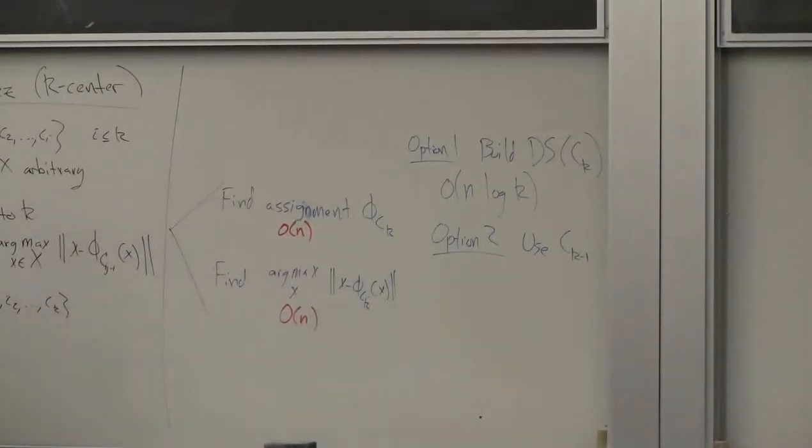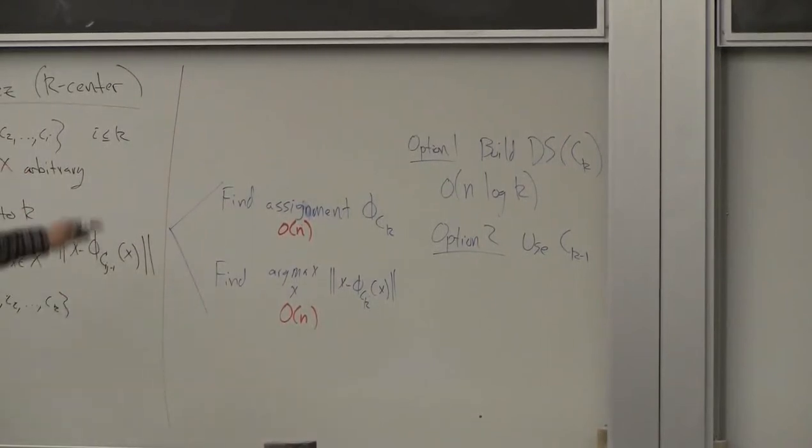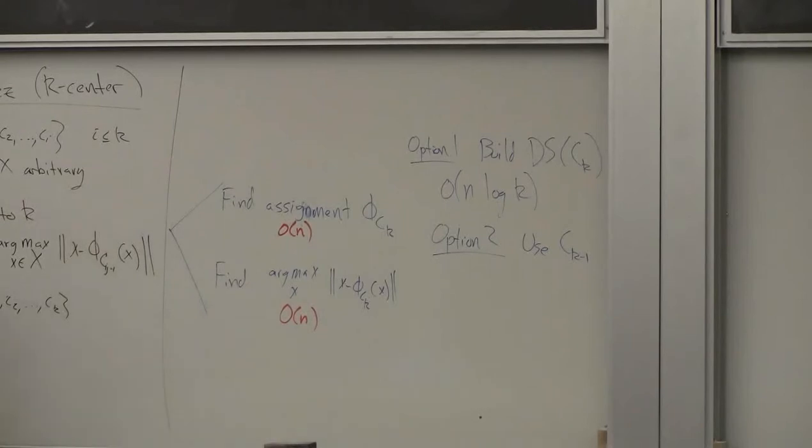If you want to work it out in full detail, in the notes I wrote out some pseudocode with for loops showing how to actually do this. So you can run this whole algorithm in O of n times k, which is pretty fast. Usually k is small, and n is the quantity you have to worry about. So this is a very fast algorithm.